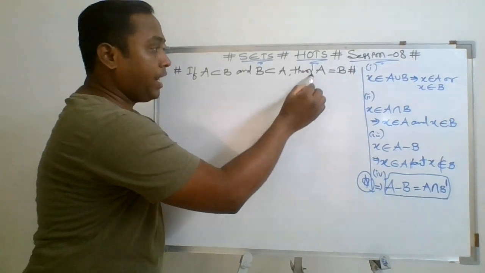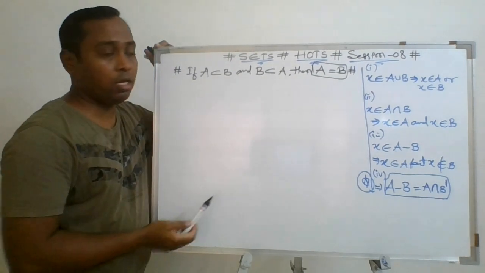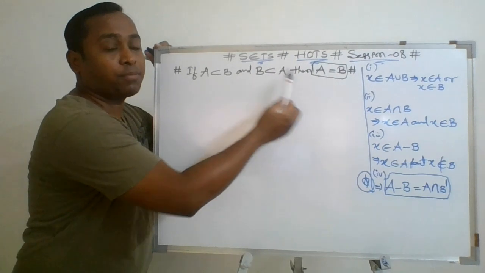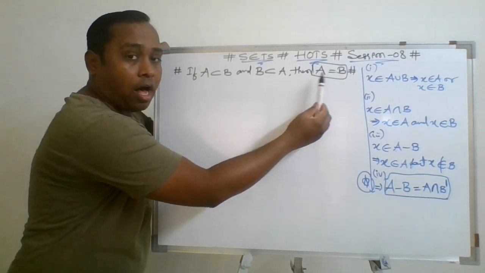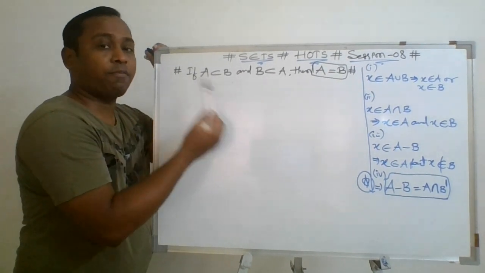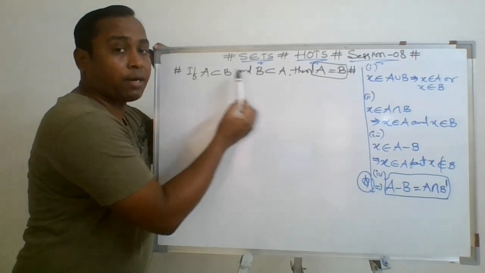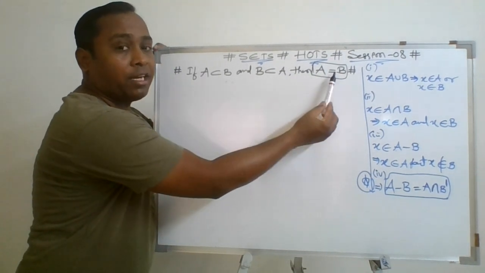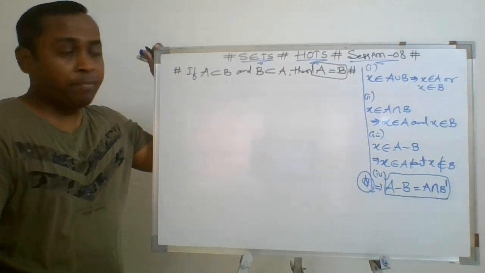So to prove any two sets are equal, it is sufficient to prove A is a subset of B and B is a subset of A. Remember, to prove any two sets are equal or any two operations are equal, it is sufficient to prove that A is a subset of B and B is a subset of A. So if you are able to prove these two things, ultimately you could say A equals B. Getting my point?